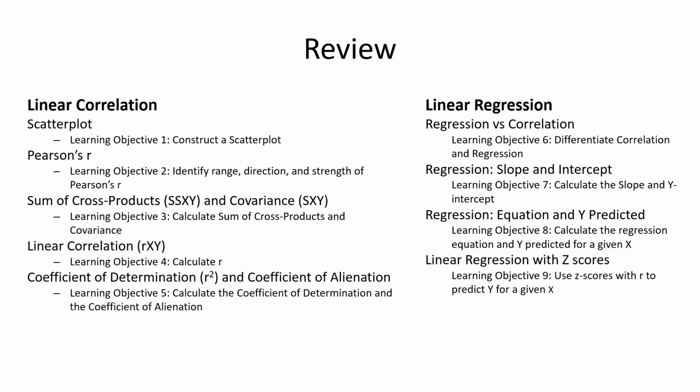Then talking about regression, you should be able to differentiate correlation and regression, calculate the slope and the Y-intercept, calculate the regression equation, and predict a y predicted for a given x. And finally, you should be able to use z-scores to predict y for a given x.